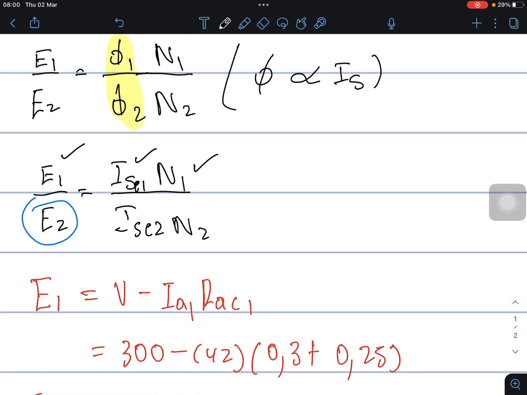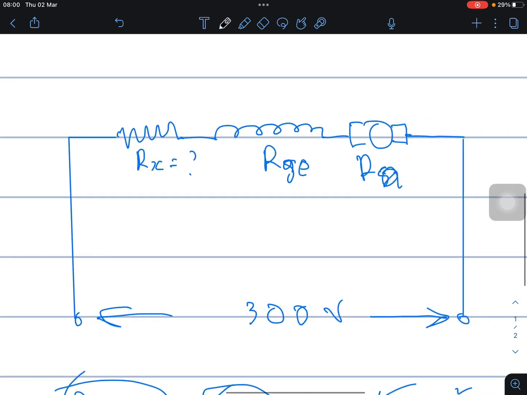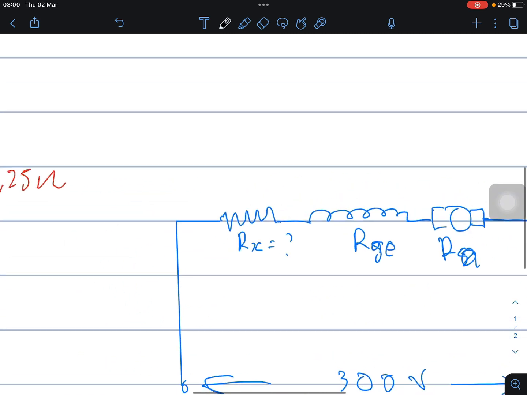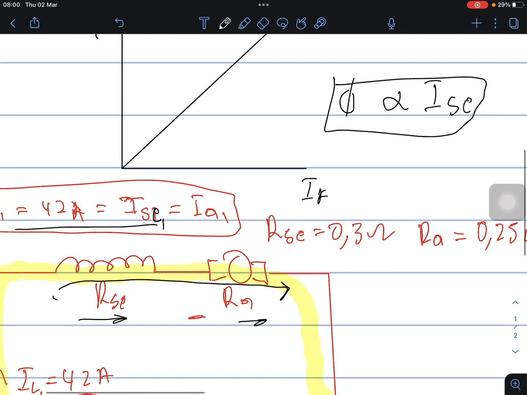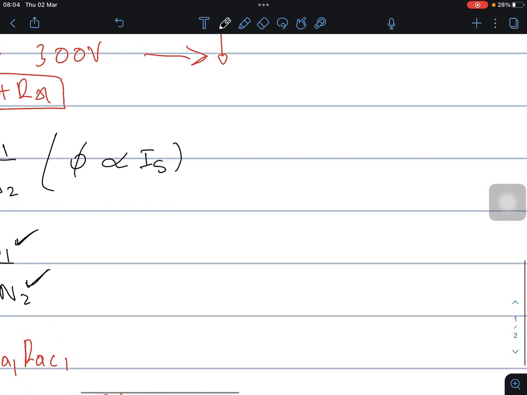The other thing we have is the second speed. What we want is to find E2, which requires the series field current for the second condition. Means, guys, we have to try and find I series 2 so that we can look for E2.